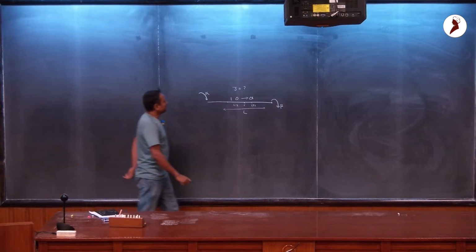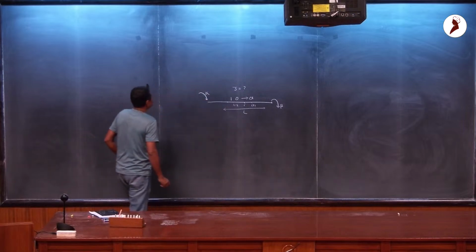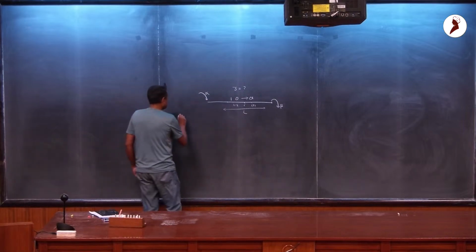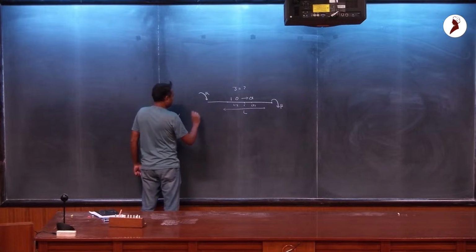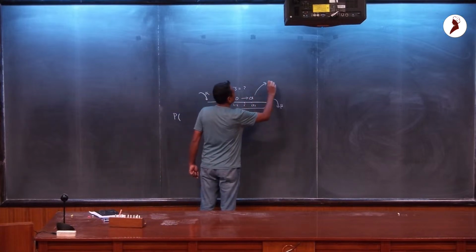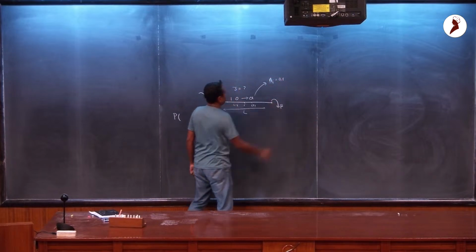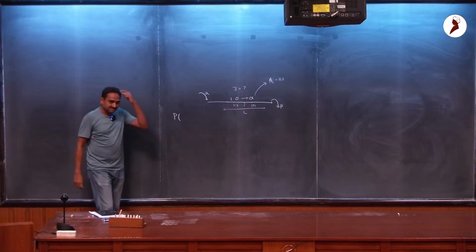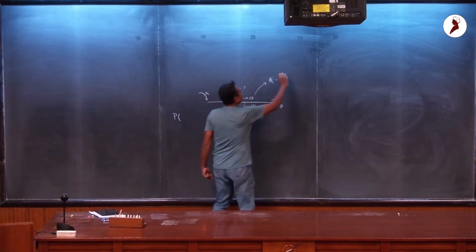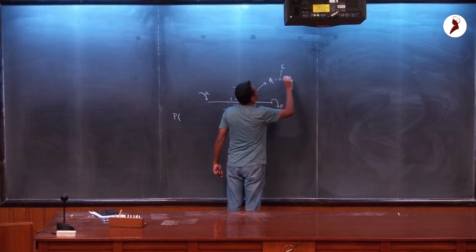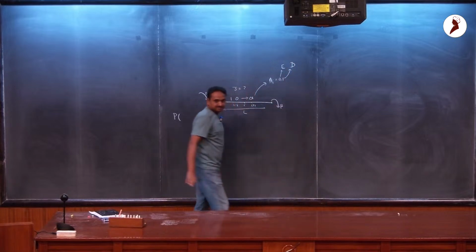Now if you want to write a matrix product ansatz, I will denote the occupation at each site again as n_i equal to 0 or 1. 0 means vacant, 1 means particle. The corresponding matrices are E for 0 and D for 1, same notation.